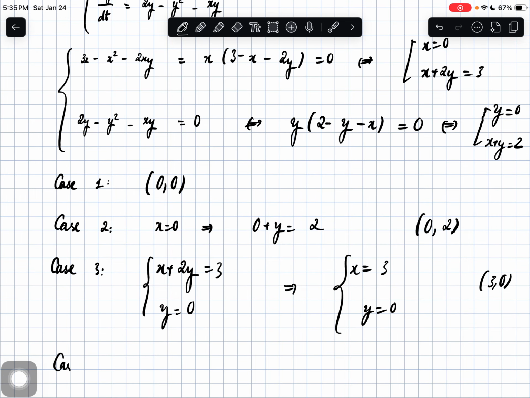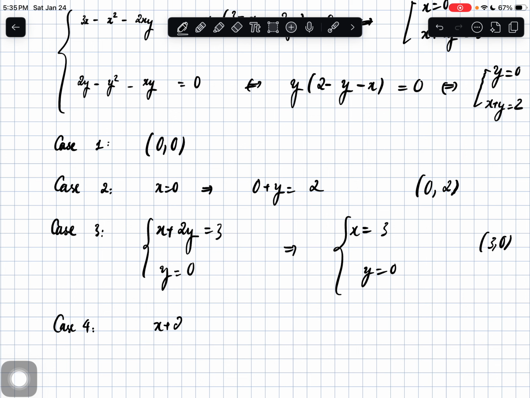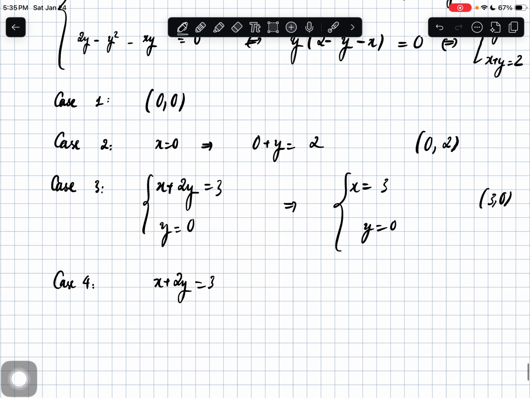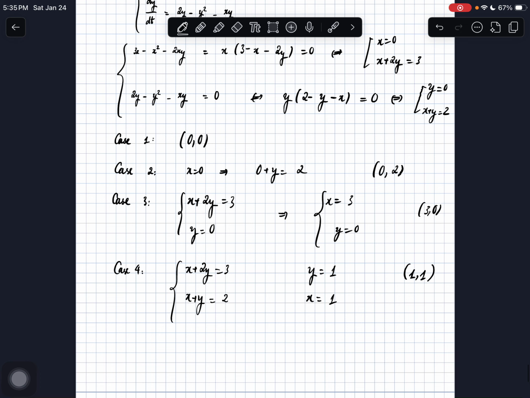And case 4, x + 2y = 3 and x + y = 2. So y equals 3 minus 2, y equals 1, x equals 1. We have a critical point (1, 1). So we found 4 critical points for this case.